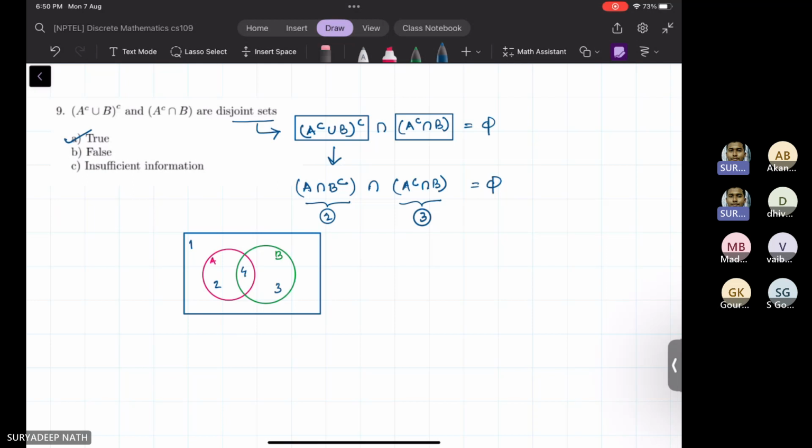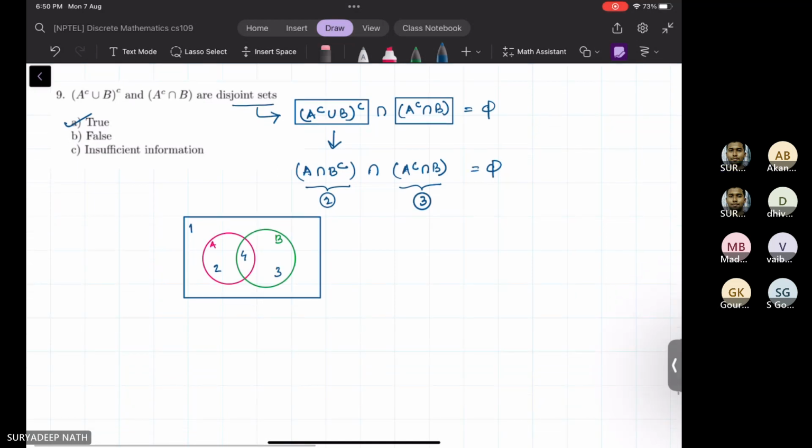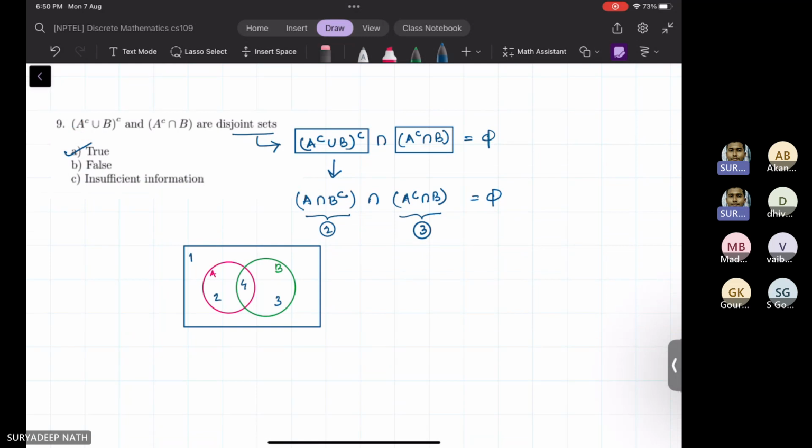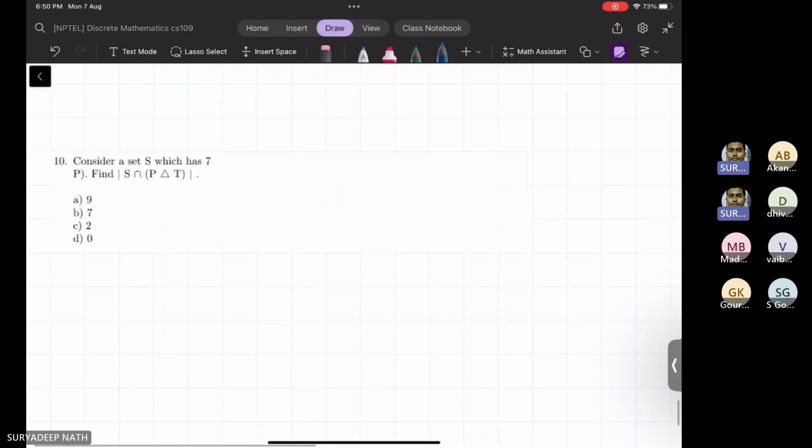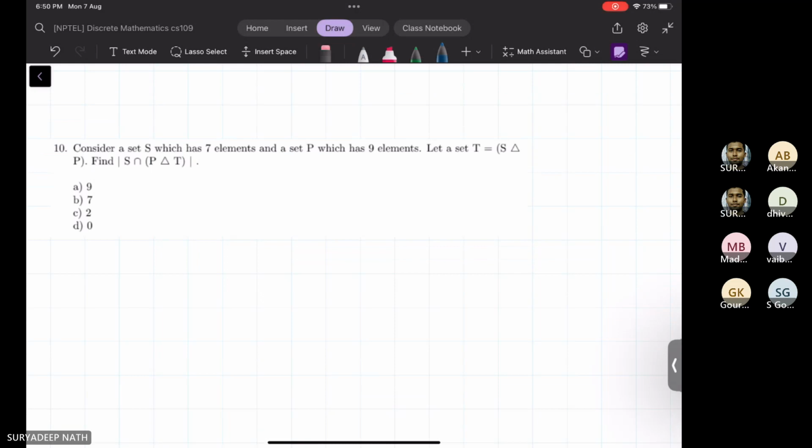Is this question clear to everyone? All right. So let us move on to the final question. That's question number 10. So I have pasted question number 10.